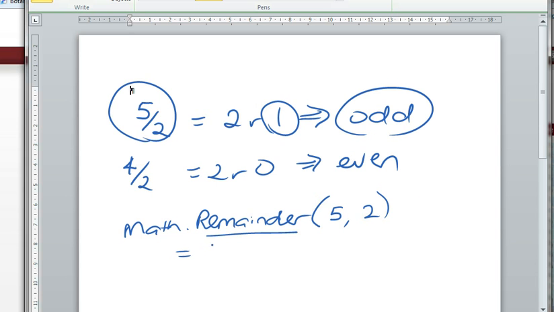So it equals 1. And how they explain that here, the answer is 1, the remainder 1, that is called a return value.